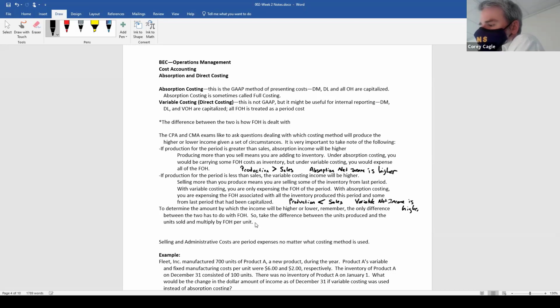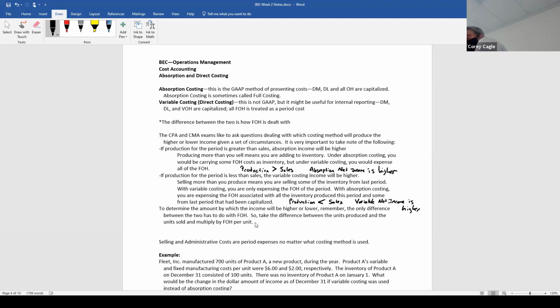So if during a period you sell more than you produce, which means you're pulling from some of your beginning inventory, right? Well, under variable net income, all you're expensing is the fixed overhead of the period. Absorption, you're expensing, yeah, again, all the fixed overhead of the period, but then you're pulling from inventory from a previous period, and that little bit of fixed overhead that was inventory then is also being expensed.